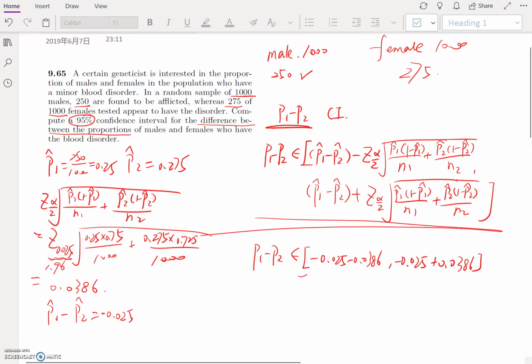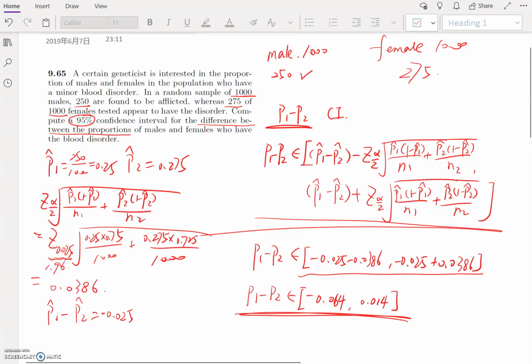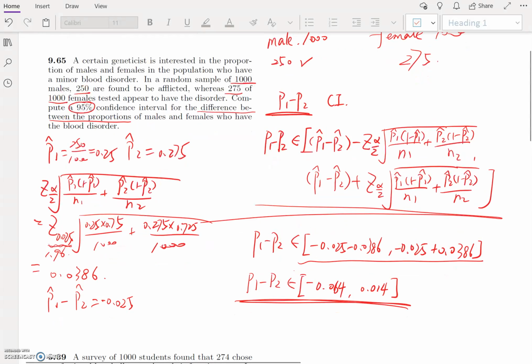This value is minus 0.064 to 0.014. That's the answer for this question. So you just need to find the right formula from the course lecture, apply those numbers to the formula, and then you can get the answer.